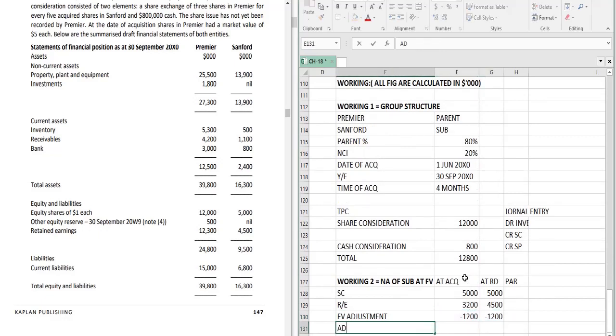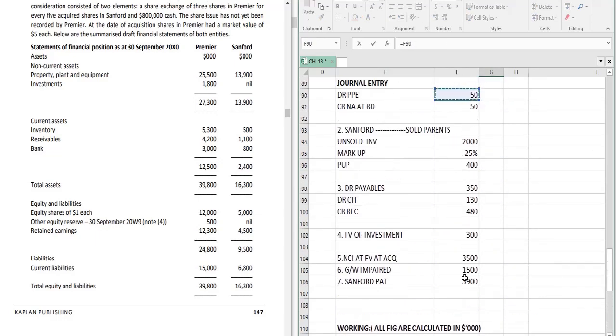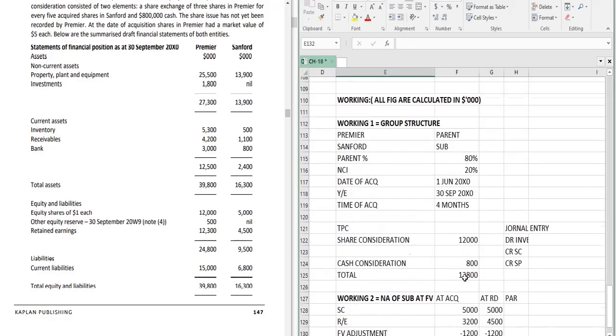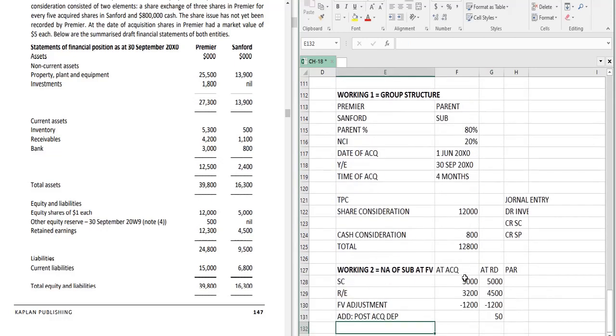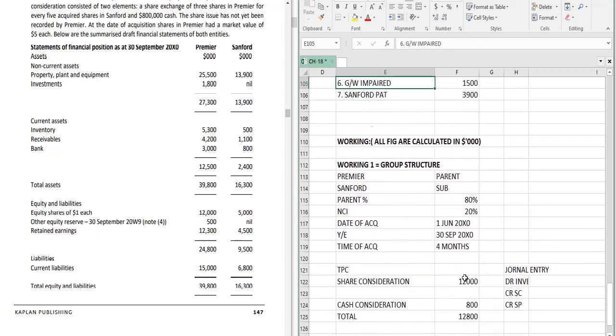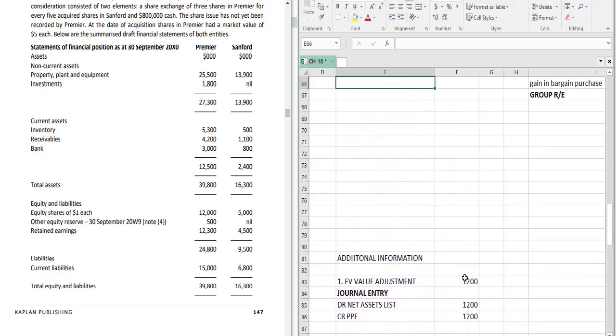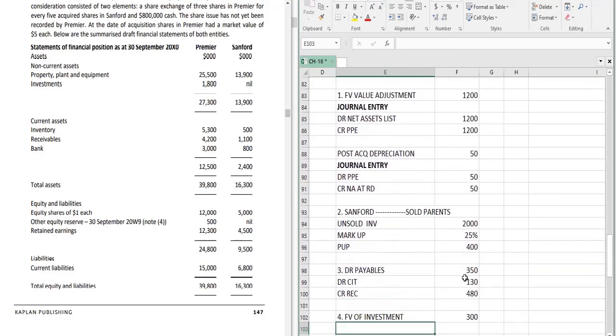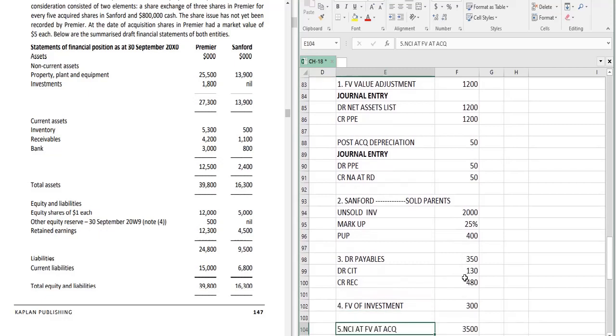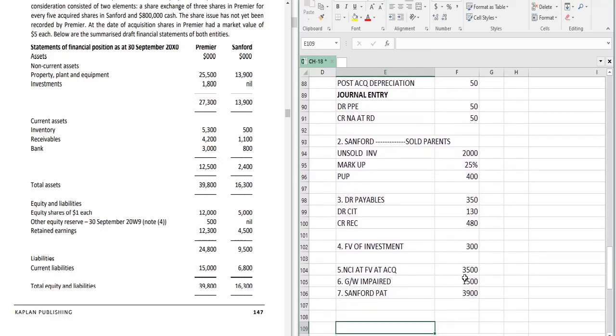So now we will add post acquisition depreciation from the reporting date. So 50. Then we have the fair value adjustment done. In note 2 we have a PUP, which we need to deduct from the reporting date. The amount is 400.